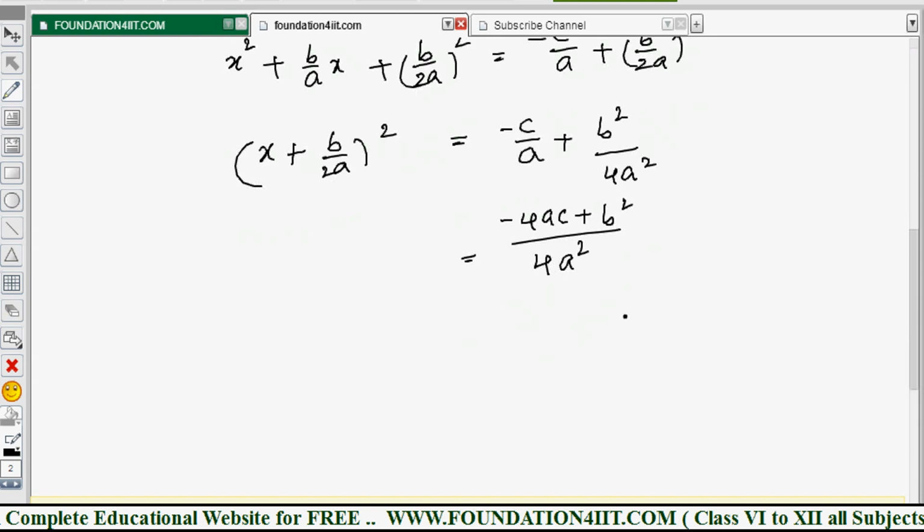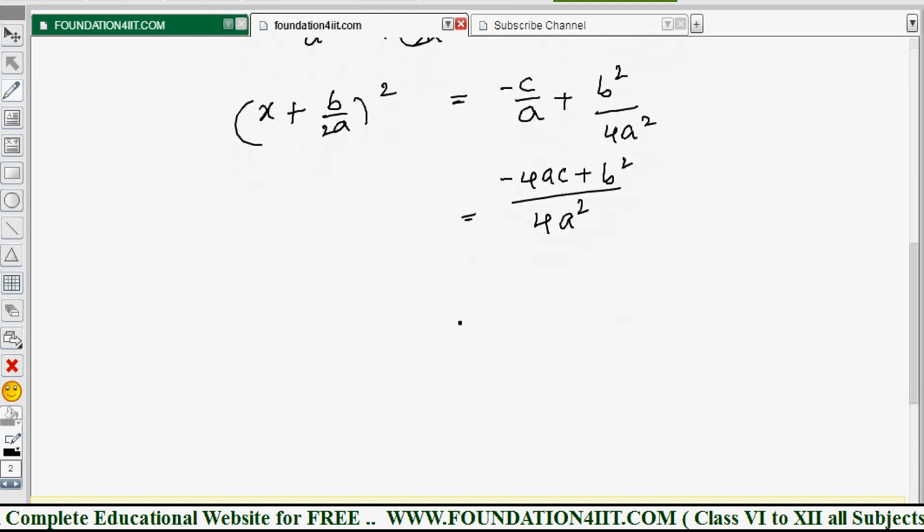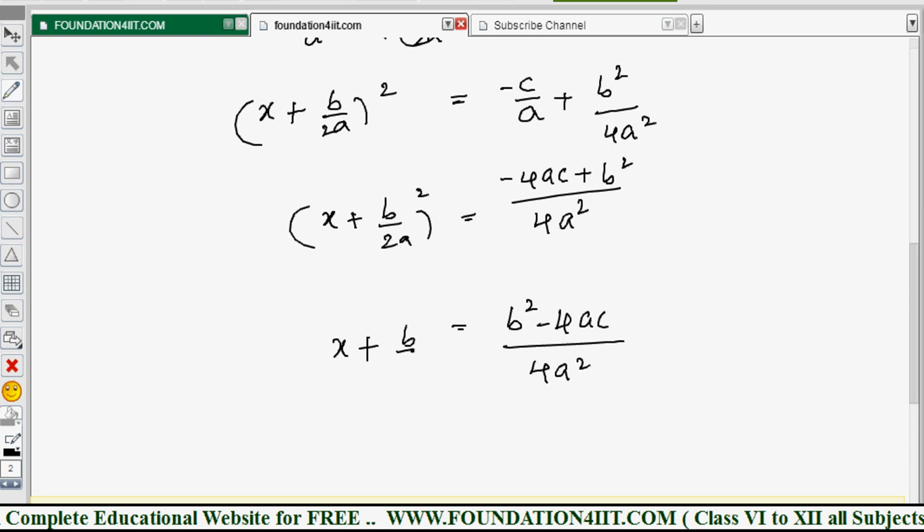The negative term, take to the other side. This we can write as b square minus 4ac by 4a square. Now this is our x plus b by 2a whole square. If you remove this square, on this side you write the square root. That is x plus b by 2a equals square root of, the square you take to the other side, becomes square root.